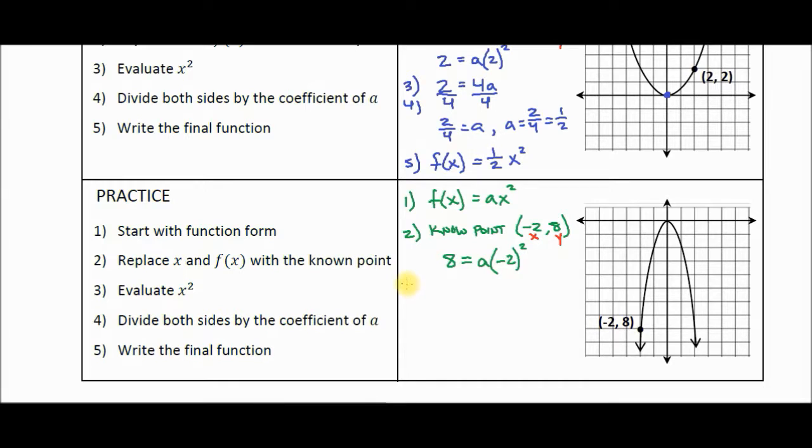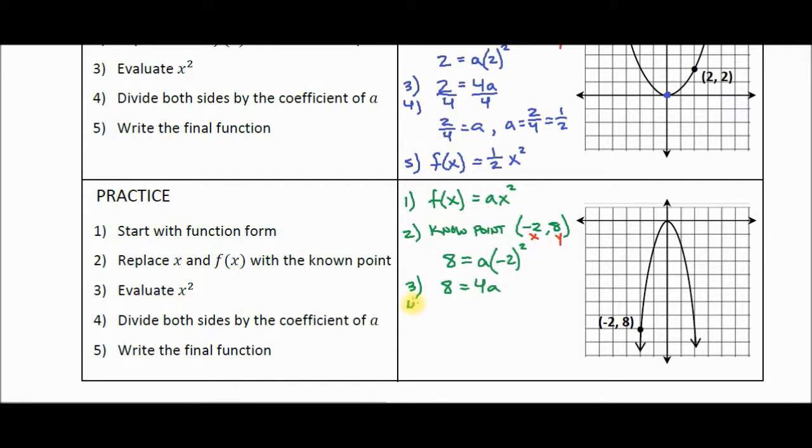So step number 3 is, evaluate x squared. So x squared is -2 squared. That's going to be +4. So we're going to end up with 8 equals 4a. Remember, negative times a negative is a positive, so anything squared turns positive.